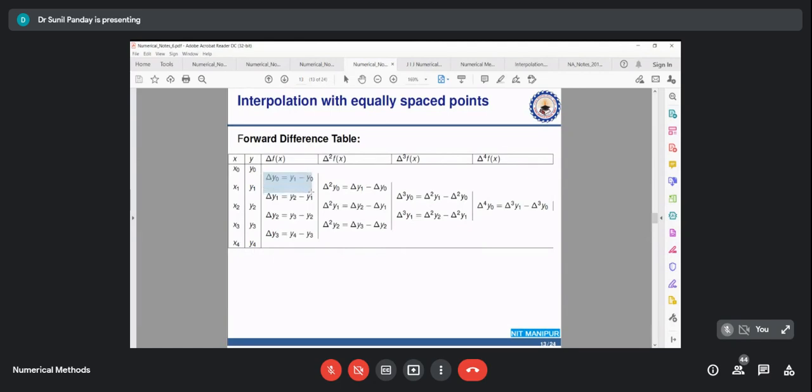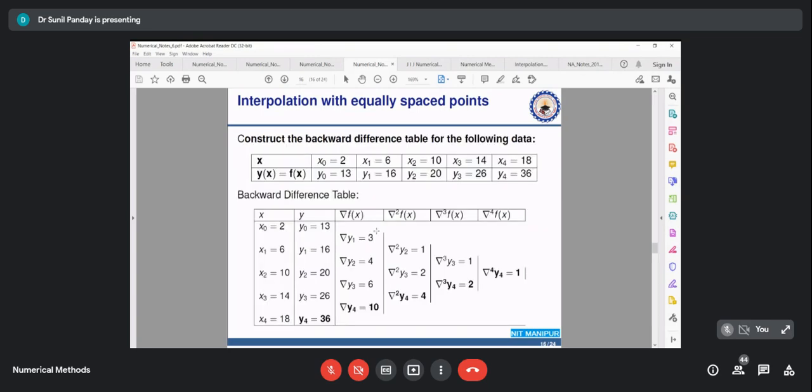When I am using the forward difference table, delta of y0 is again y1 minus y0, and delta of y1 is y2 minus y1. But when we are using the backward difference table, nabla of y1 is y1 minus y0. So the value will be the same, but the interpretation is changed between the backward difference table and the forward difference table.